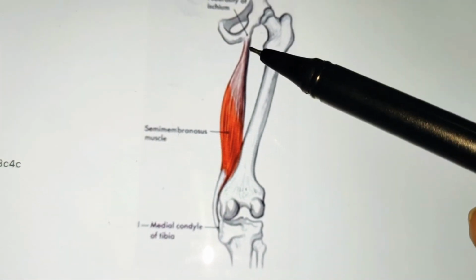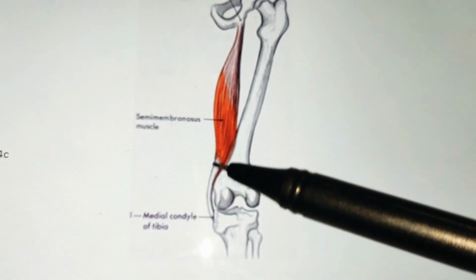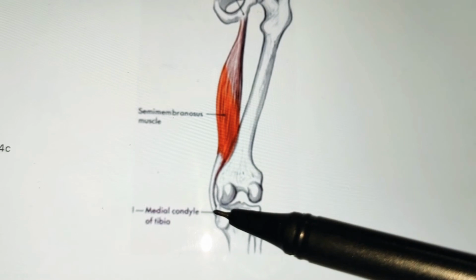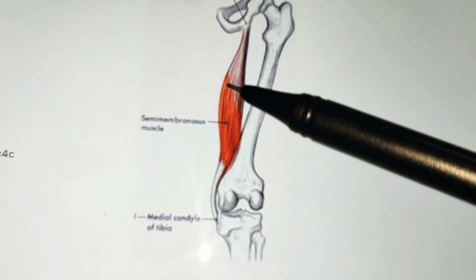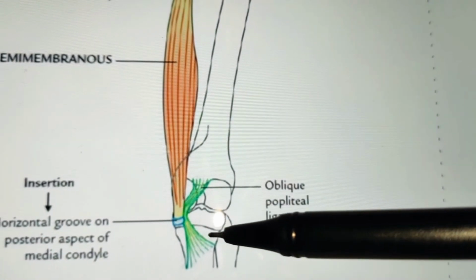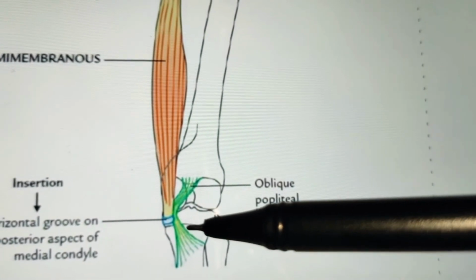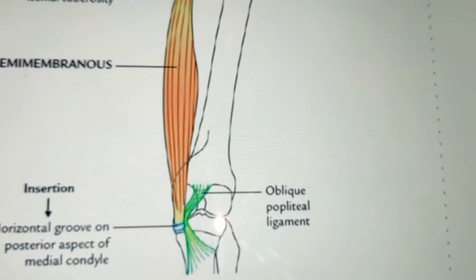You can check out, this is the semimembranosus muscle, which is coming from the tuberosity of ischium, and it is attached to the medial condyle of tibia. So its fleshy part is distal but the membranous part is proximal. Here you can see the oblique popliteal ligament, which is derived from the semimembranosus muscle.